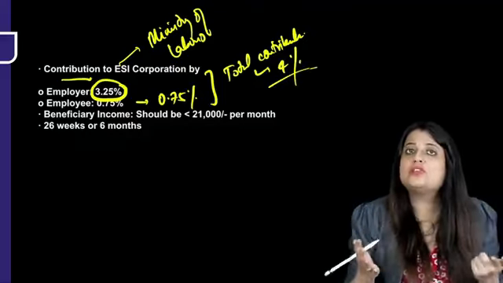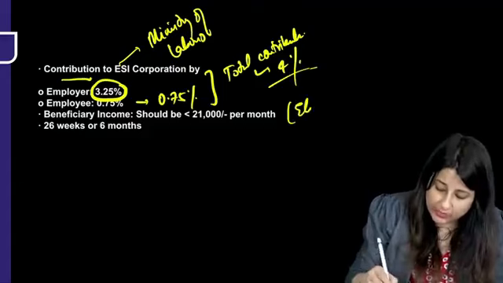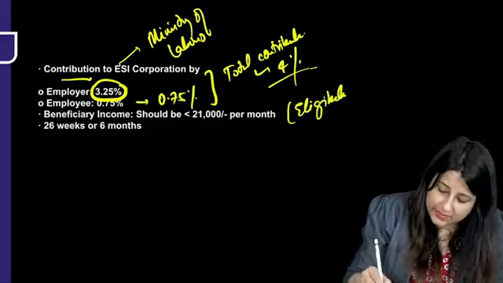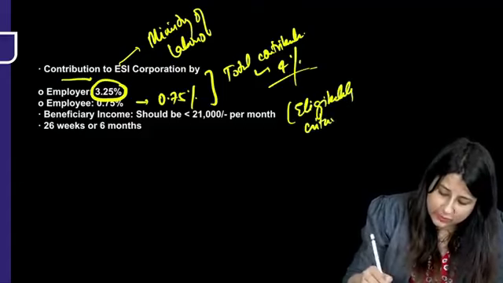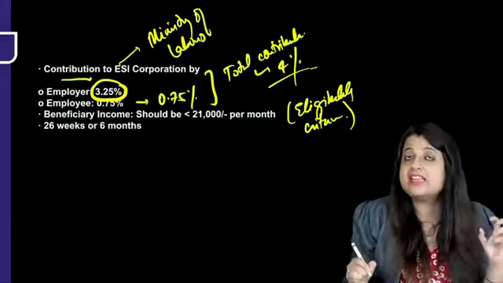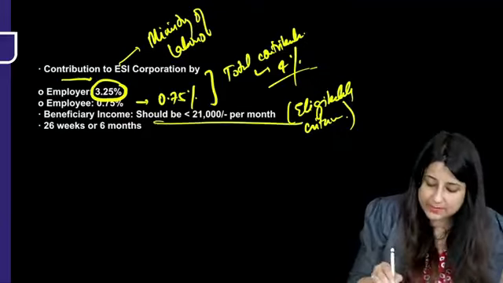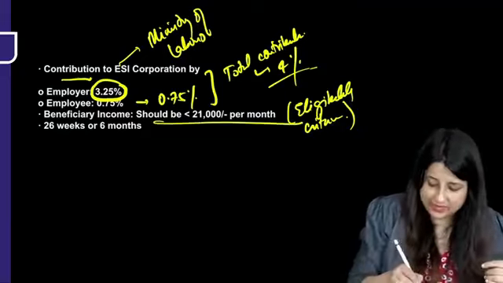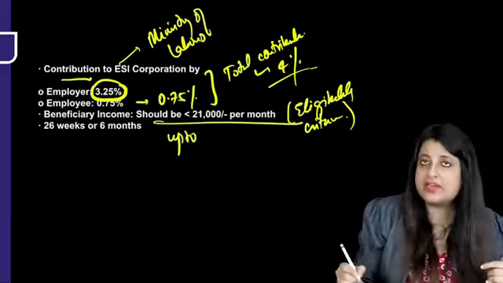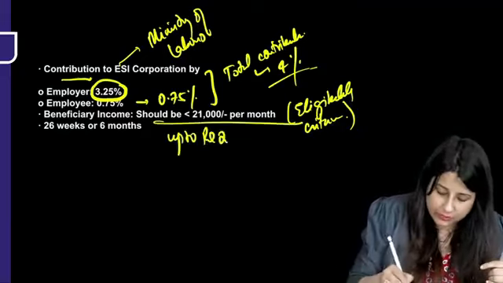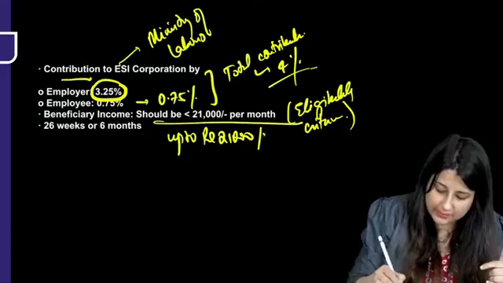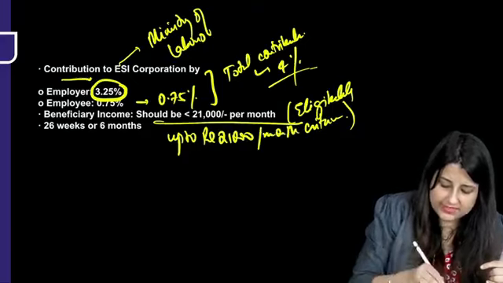And who is eligible for the ESI Act? You could be asked about the eligibility criteria. So who is eligible? Any employee whose income is up to 21,000 per month. Up to rupees 21,000 per month. This is very important.